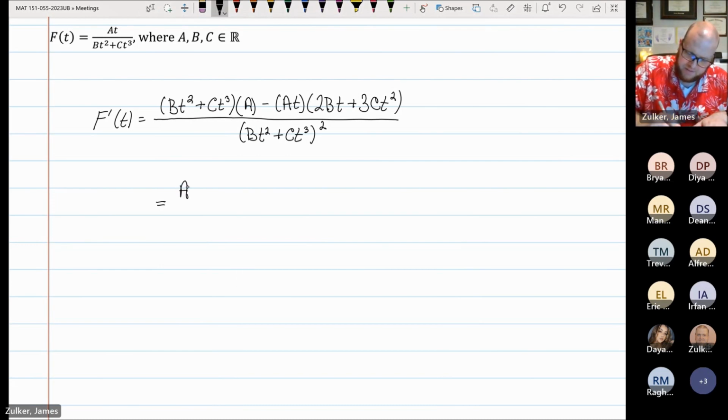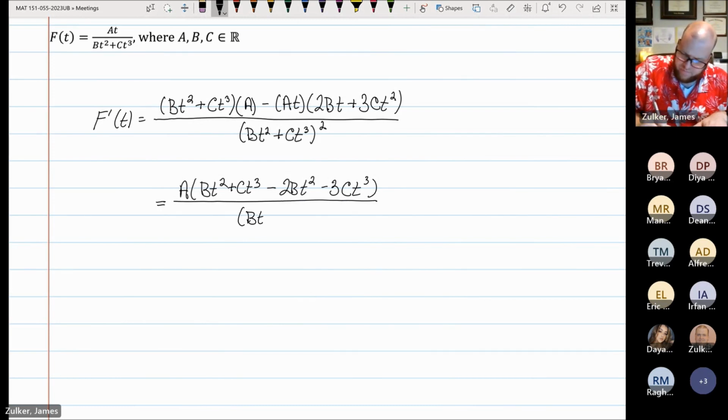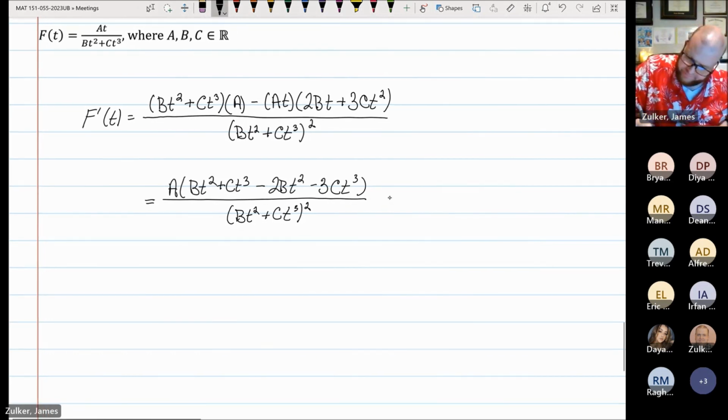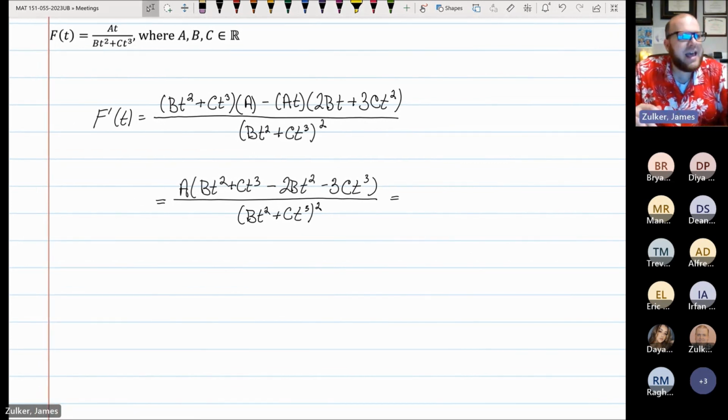There's an A common. I noticed that the remaining terms, when simplified in the numerator, are all going to be negative. Just go ahead and factor out that negative.